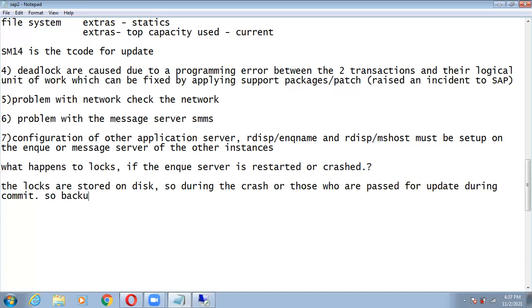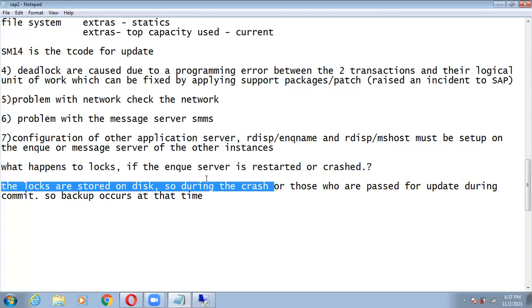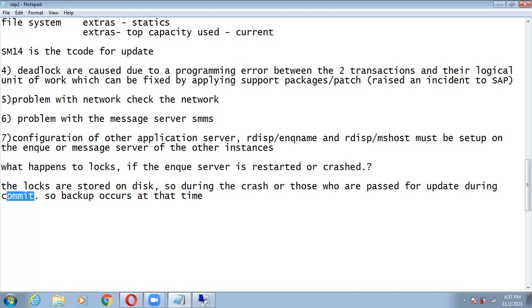So backup occurs at that time. The update work process will update when you perform a save point, that is commit. So suppose that backup occurs at that time.